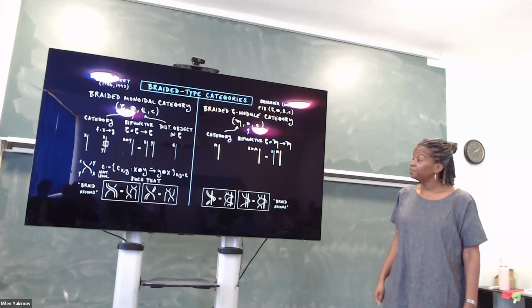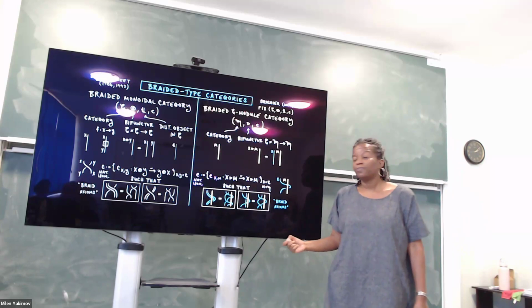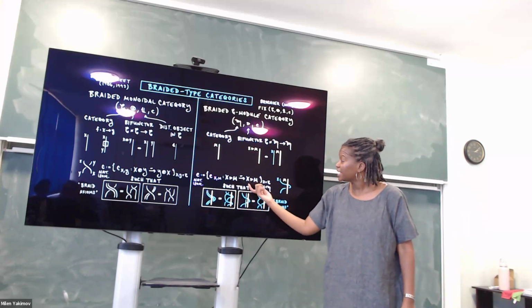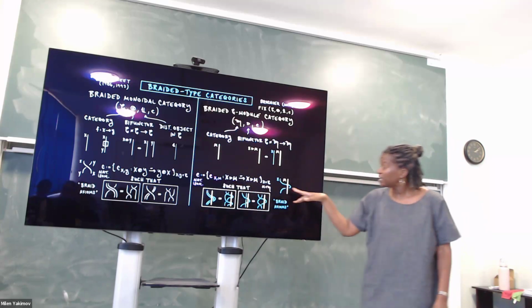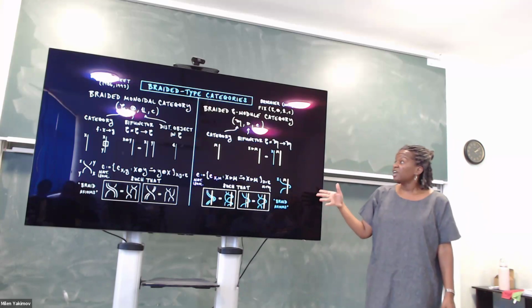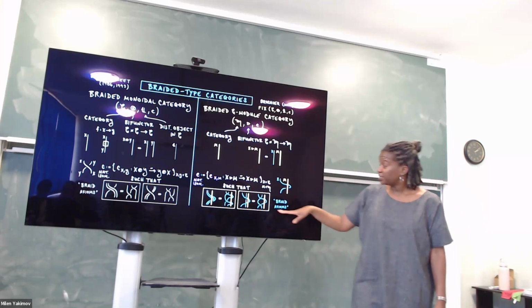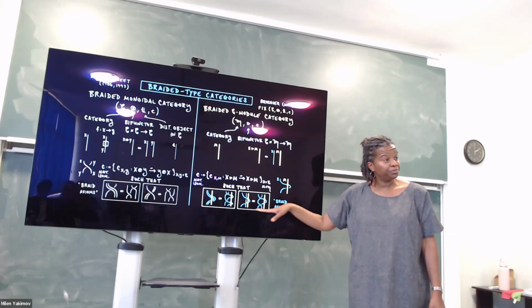Now, what's the braiding? The braiding is going to be basically a natural isomorphism going from X acting on M to X acting on M, and its component is just drawn like so. So this has to be compatible with the action bifunctor, and its compatibility conditions are represented by these braid axioms down here.